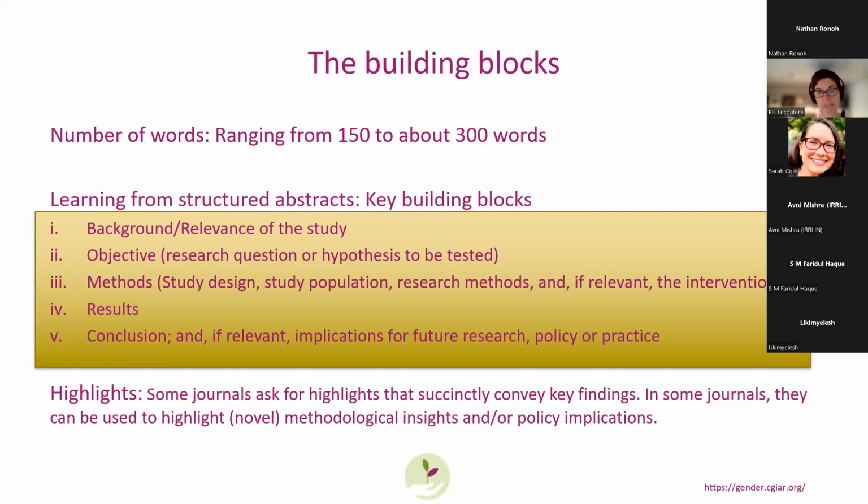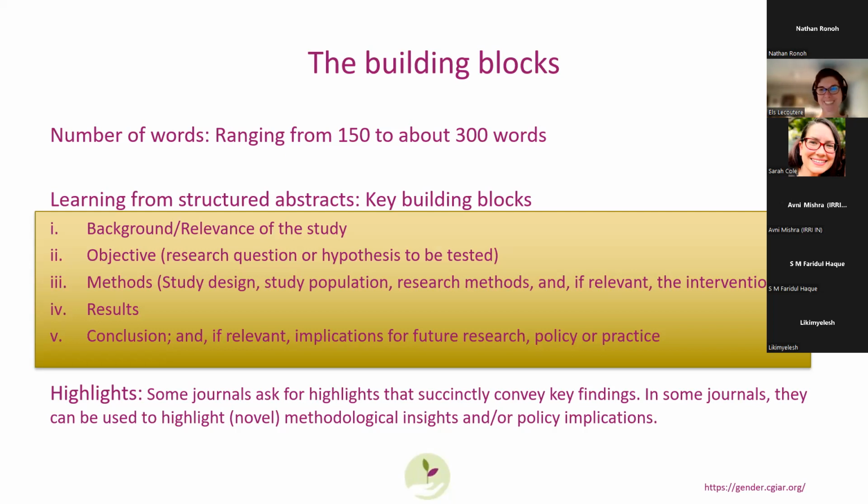And then there are two types of abstracts. Some are structured and some are unstructured. In the development literature, agricultural literature, you mostly have the unstructured abstracts. In the more medical, nutrition type journals or the exact sciences, they like the structured abstracts more.